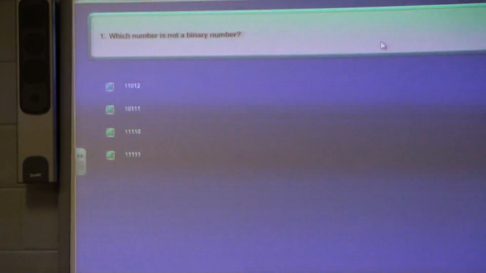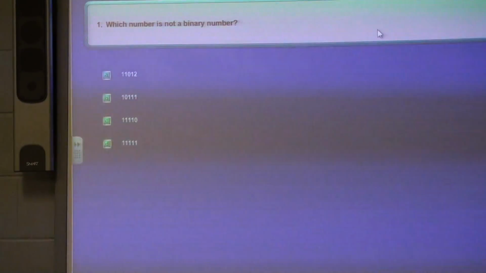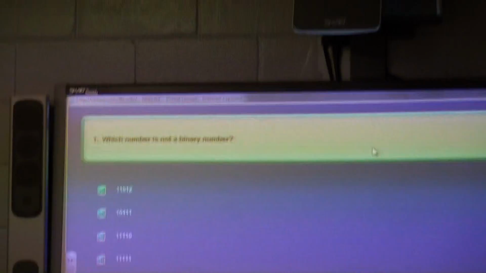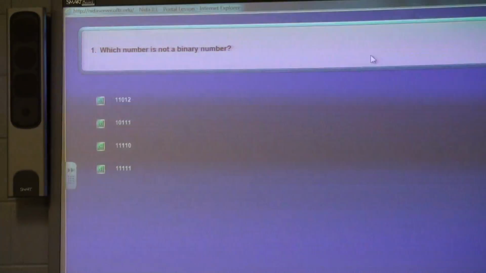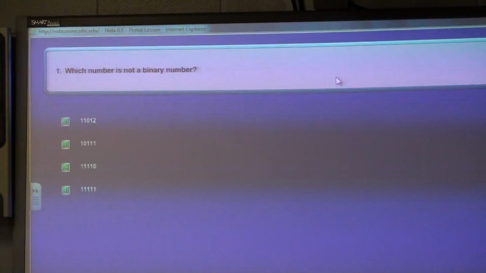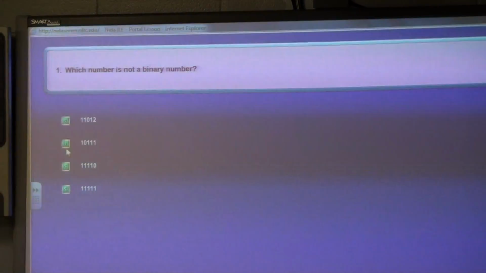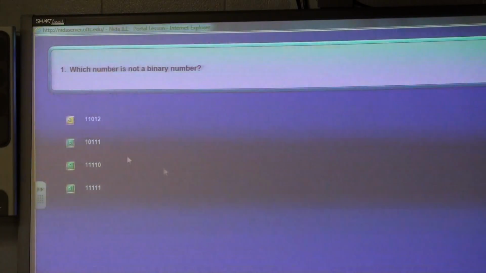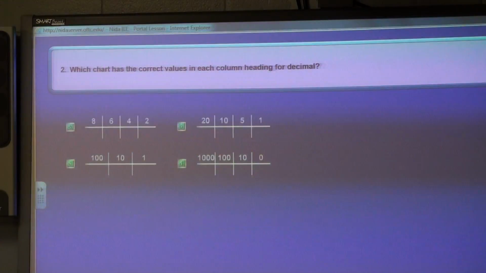That's right. Even 8 could be hexadecimal, because as long as we see numbers between 0 and F, it could be hexadecimal. But because we said 2 in that first one, it can't be binary. How about which of those could be octal numbers? All of them. That's right.